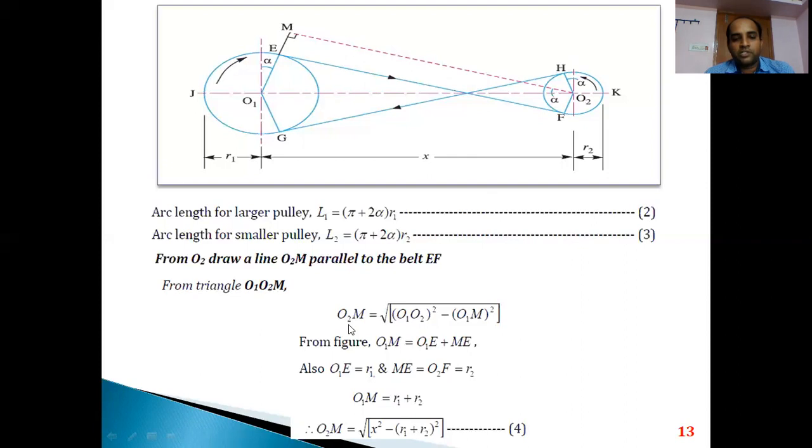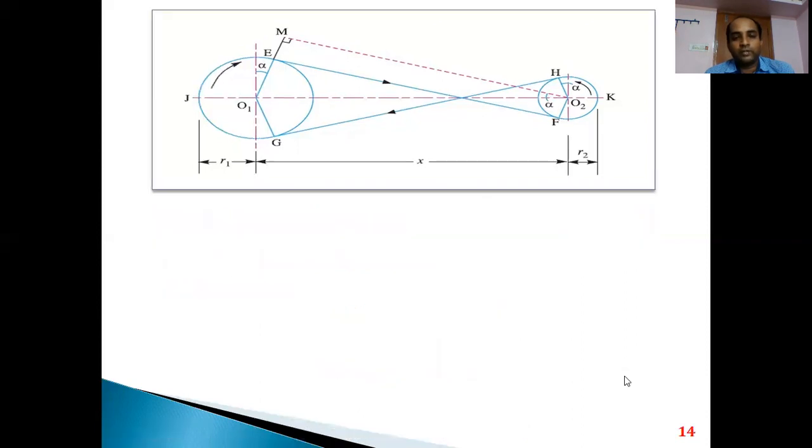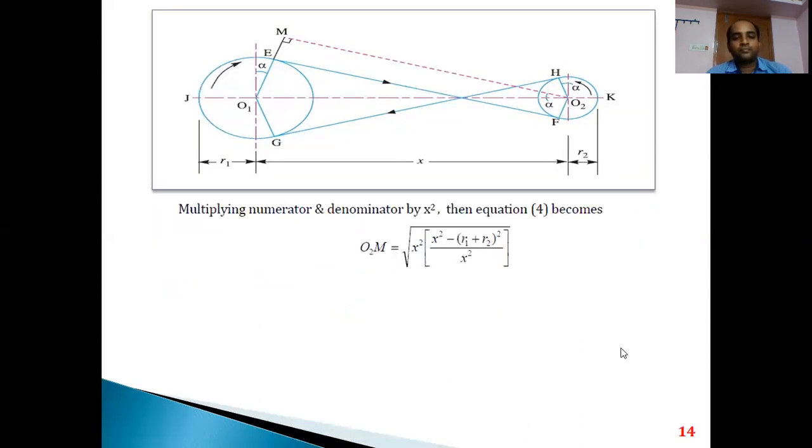Therefore your equation for the line O2M is square root of x square minus (R1 plus R2) whole square. Now we need to multiply both numerator and denominator by x square. When we multiply, we get this resulting equation in this format, that is square root of x square whole bracket square, x square minus (R1 plus R2) whole square by x square.